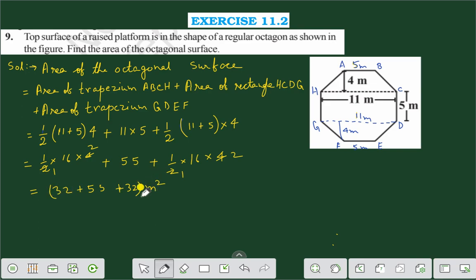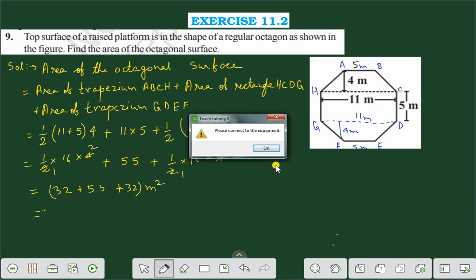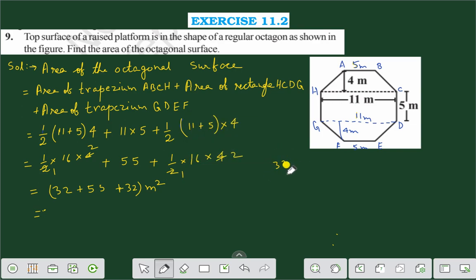If we add all this, 32 plus 55 plus 32, we get 119 meter square. This is the area of the octagonal surface.